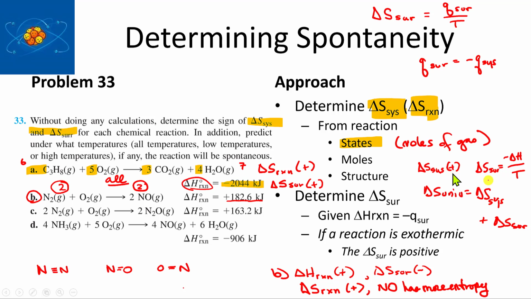So at low temperatures, this reaction would be non-spontaneous because delta S of the surroundings will be big. But at very high temperatures, this factor becomes less important, and you're just left with the delta S of the system. So the result is at low temperatures, it'll be non-spontaneous, but at high temperatures, it will be spontaneous.